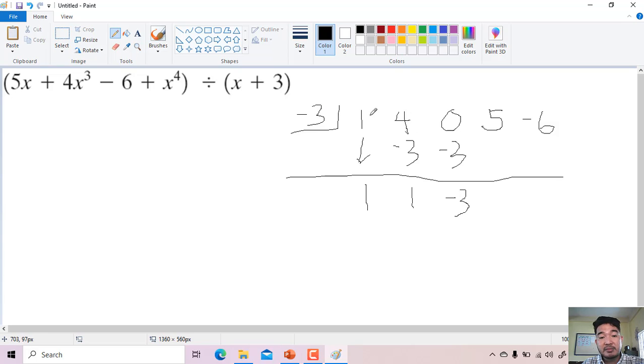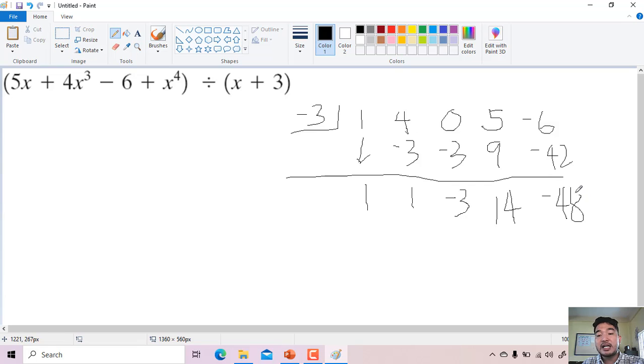Negative 3 times negative 3 is positive 9. You add 5 plus 9 is equal to 14. Then 14 times negative 3 is negative, how many? 42. And then you add here, negative 6 plus negative 42 is negative 48.